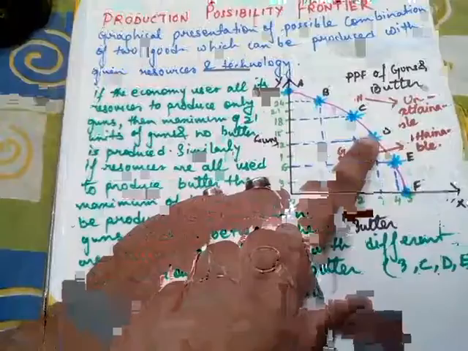Now you think that you want to produce less gun and more butter. There is no war situation in the economy, people in the country are not purchasing guns, so I will reduce gun. For example, from 24 you have reduced to 18 units of gun.